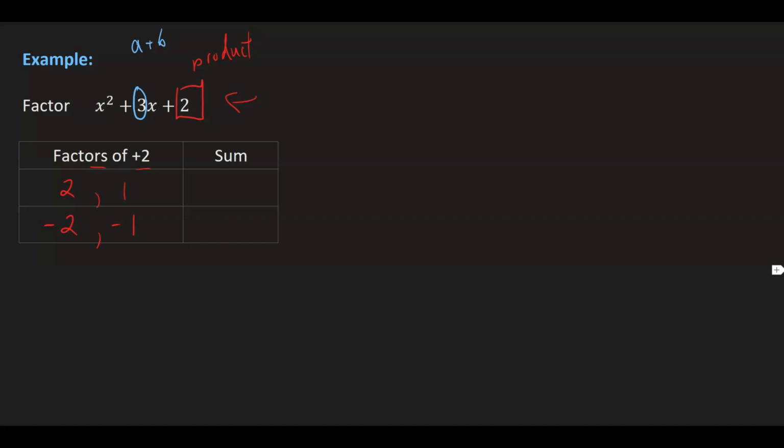Now let's see what those sum up to. If I do 2 plus 1, I get 3. And if I do negative 2 plus negative 1, I get negative 3. And the one that we need is actually the positive 3. So it's this one that will be the one that works out for us.